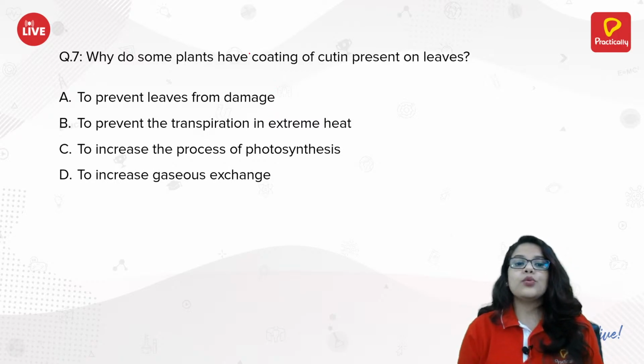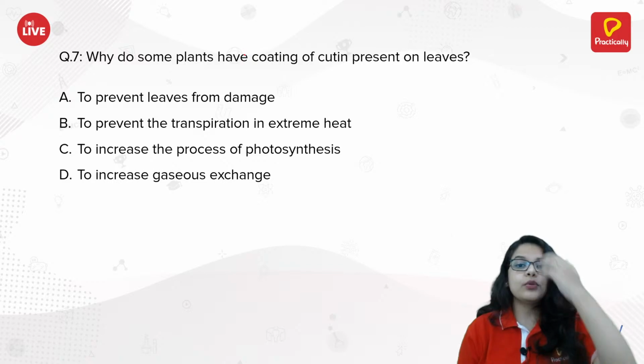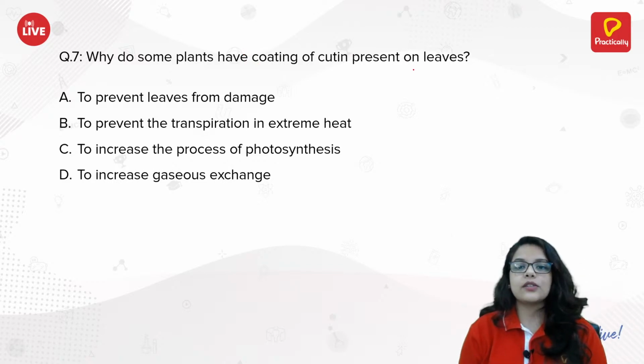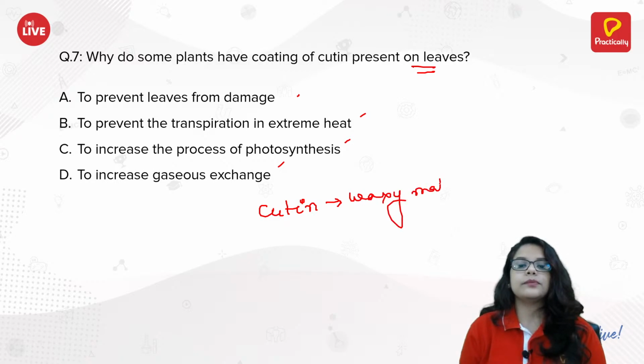Next, why do some plants have a coating of cutin present on the leaves? To prevent leaves from damage, to prevent transpiration in extreme heat, to prevent the process of photosynthesis, or to increase gaseous exchange. Now, please understand what cutin is.